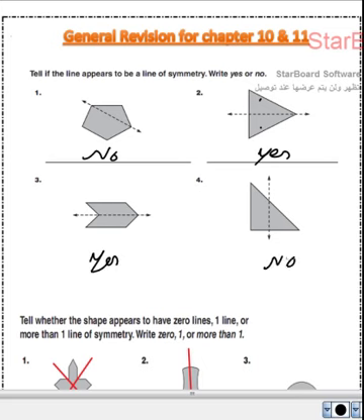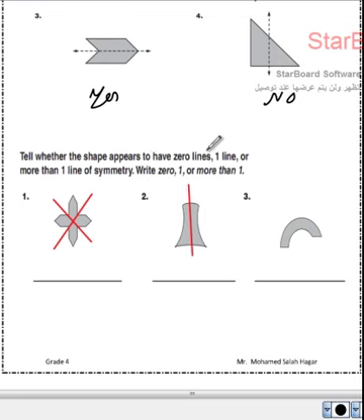Next, tell whether the shape appears to have 0 lines, 1 line, or more than 1 line of symmetry. Write 0, 1, or more than 1. If this shape has more than 1 line of symmetry, what should I write?